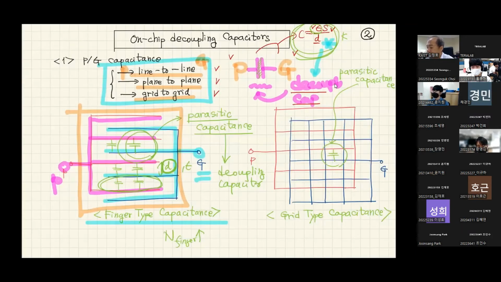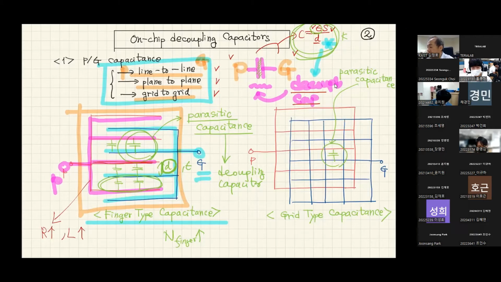But in this case, because we are using long interconnection lines, R is going to increase. And also because of the long interconnection, we're going to have large inductance. So finger type may not be very suitable for very high frequency or high performance silicon chips.